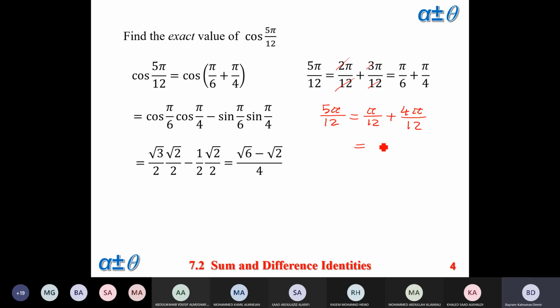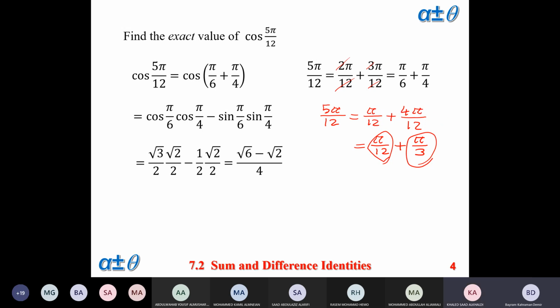But the problem is, one is pi over 12, another is pi over 3, right? So the one is okay, but another we don't know, right? Pi over 12, that we don't know what is cosine and sine of pi over 12. That's why we prefer writing as 2 pi plus 3 pi instead of pi plus 4 pi.